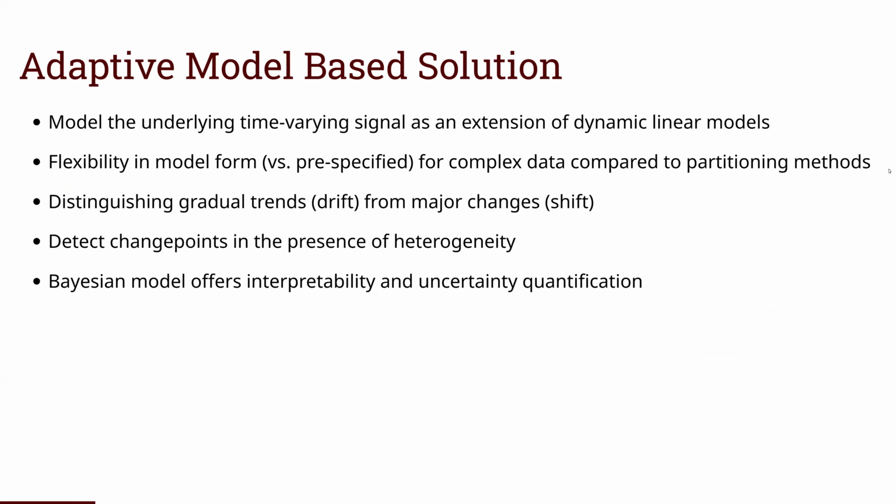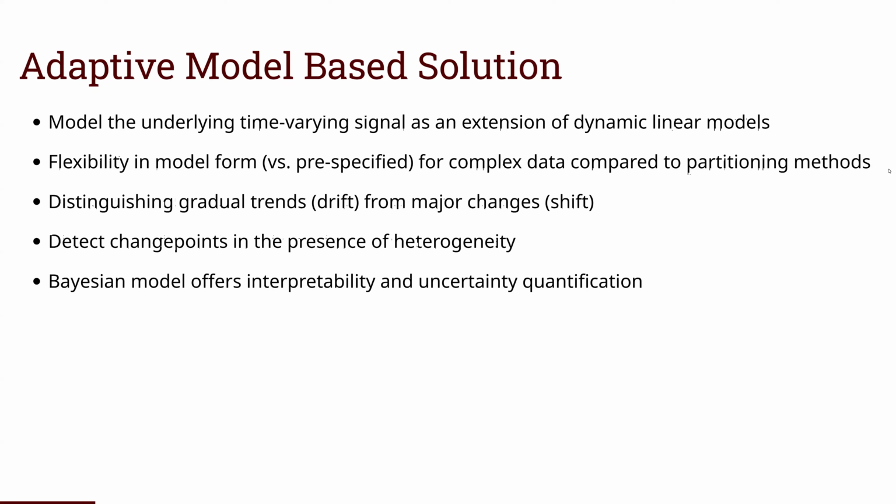Okay. So all of our methods are model-based, they're all data-driven. So we have these adaptive model-based solutions. As I mentioned, we have 3 that I'm going to talk about today, where we're going to model this smooth trend as an extension of something called dynamic linear models. We have flexibility in our model form.